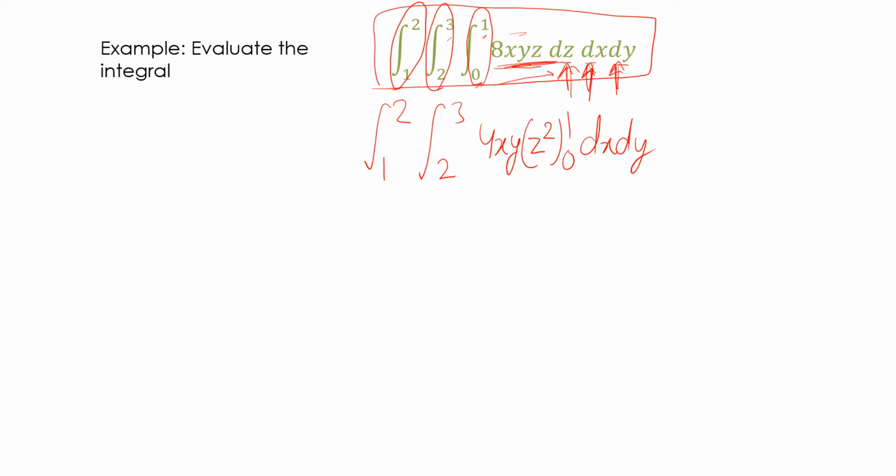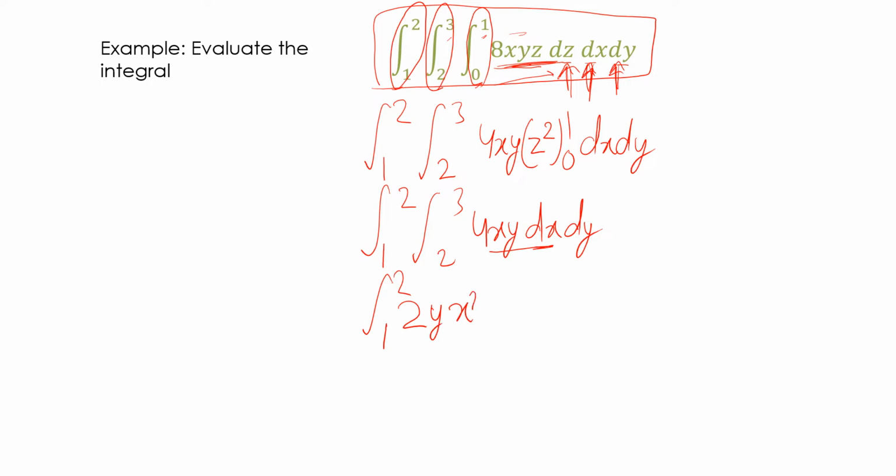Now when you apply the limit we get 1, so the remaining integral is 1 to 2, 2 to 3, 4xy dx dy. Now we take the integration with respect to x, and the integration of 4xy, we get 4y x square by 2, so it becomes 1 to 2, 2y x square, and apply the limit 2 to 3 dy.